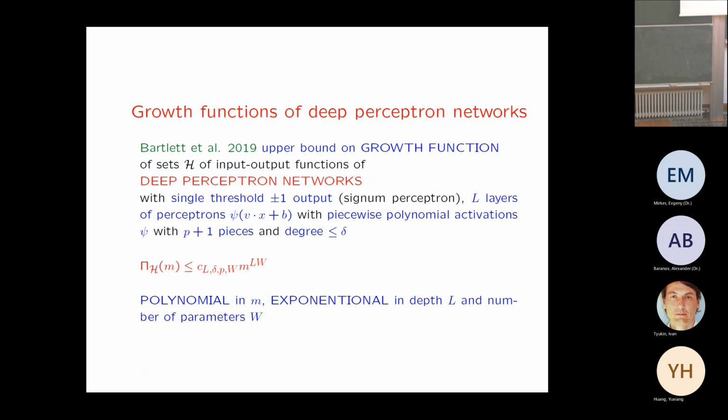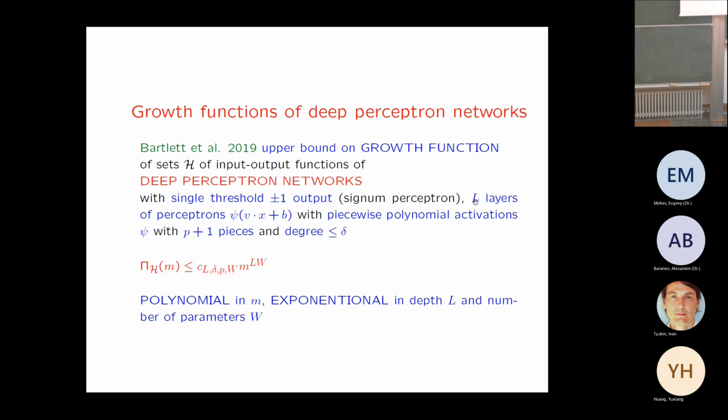So let's look first at which type of input-output functions or which type of network this applies to. Bartlett considered functions that are input-output functions of a network that has a single threshold, plus minus one output. So basically we can call it a signum perceptron if you like.